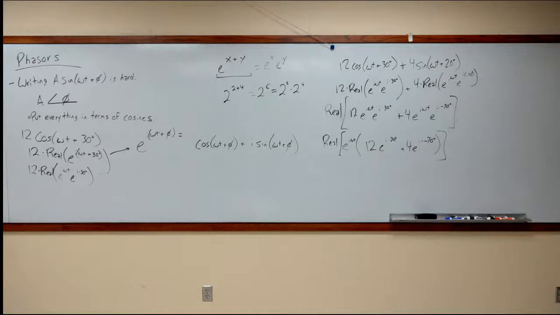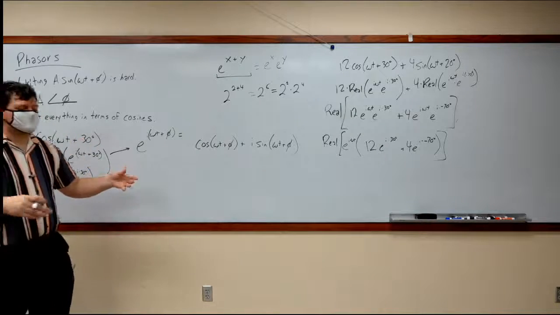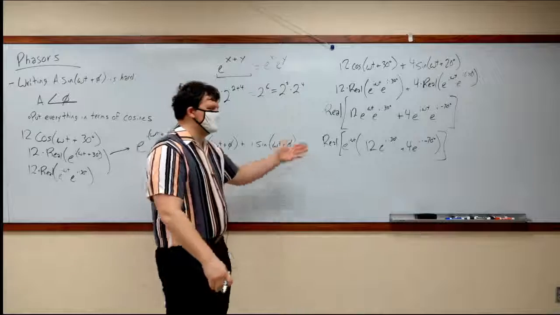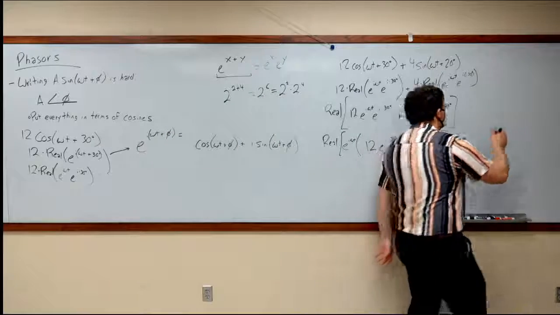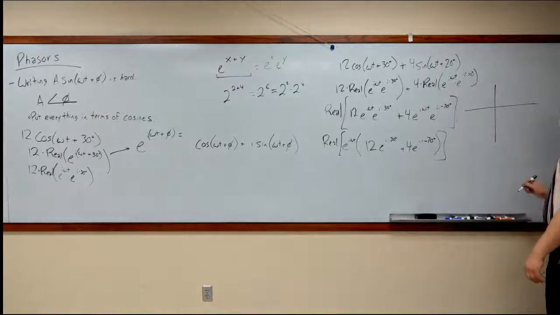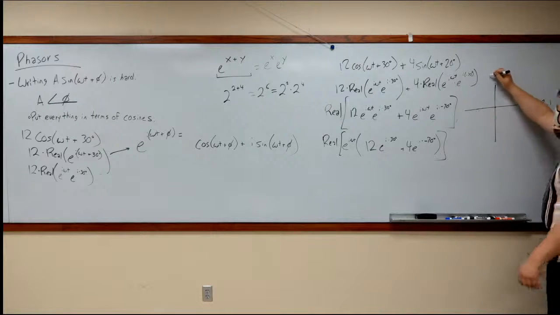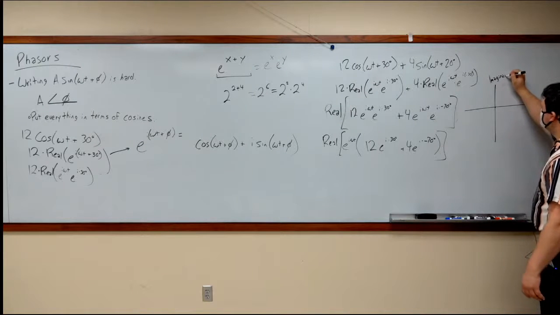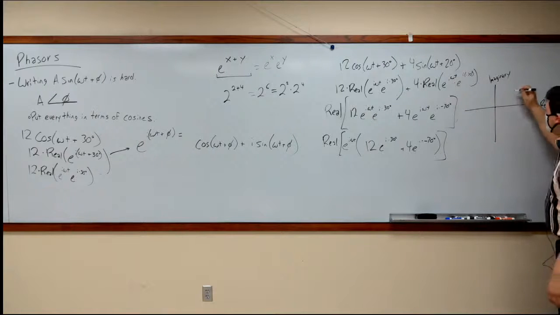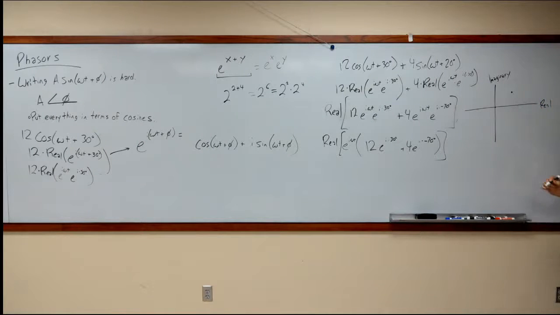And since we're only looking for the real components, all we're really looking for is the cosine part of this. What you end up doing in this graph is coming up with a vector where you start at 0, and this is the real axis, and this is the imaginary axis. A point located right here has both a real value and an imaginary value to it.